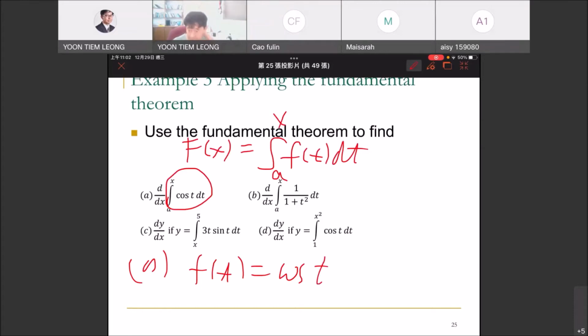So if you have a capital function F defined in terms of the integral function of small f, then part 1 of the fundamental theorem of calculus says that the derivative of the capital function F is just equal to the small function f.